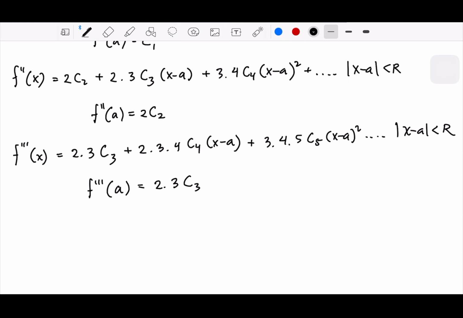We can take that form and write it as 3 factorial C3.